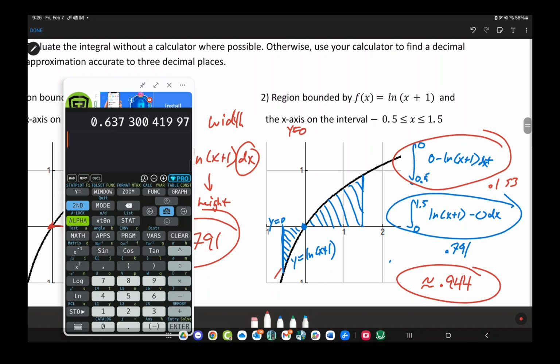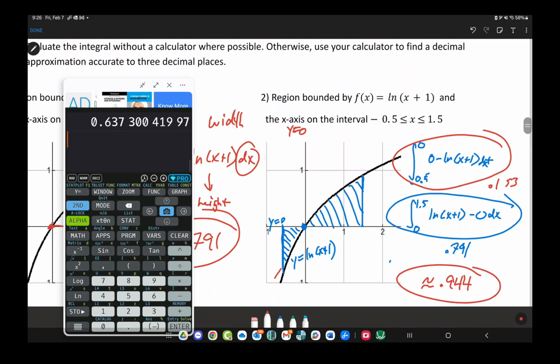No, because this is doing net area. It's assuming that I'm just looking at where my function is positive and where it's negative. This doesn't account for the fact that I have two curves. If I have two curves, I do need to know where one curve is greater than the other because my areas are always going to be positive.